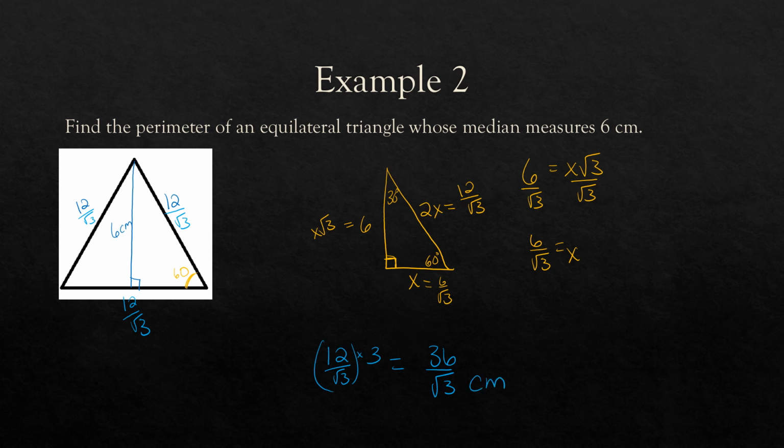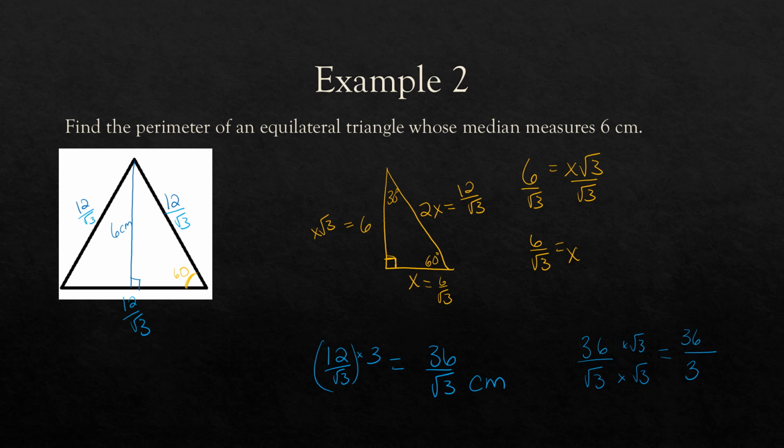Now, if you do know how to rationalize denominators, it means that I don't want an irrational number in my denominator. To get rid of it, I'm going to multiply the top and the bottom by the same number. And what I'm going to use is the number at the bottom, because the square root of 3 times the square root of 3 is just 3.